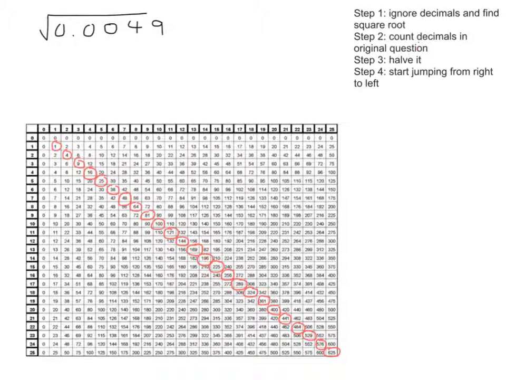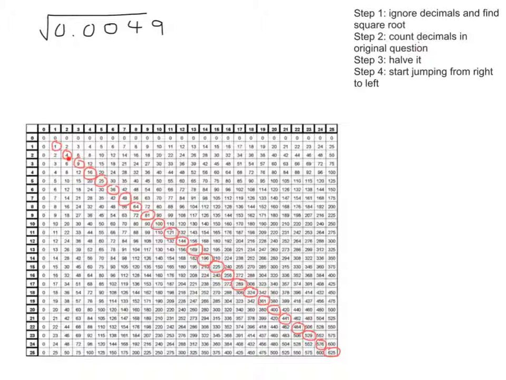Okay, so let's do one more question. Here we are asked to find the square root of 0.0049. Step 1, ignore decimals and find square root. So we ignore all these decimals here and we just focus on the number 49. So we look at our multiplication table. Remember, all these highlighted numbers are squared numbers.